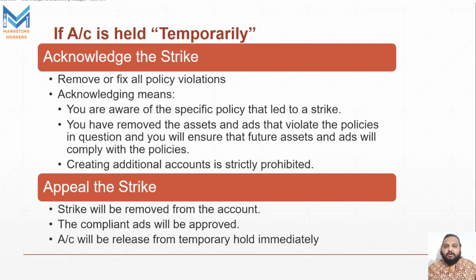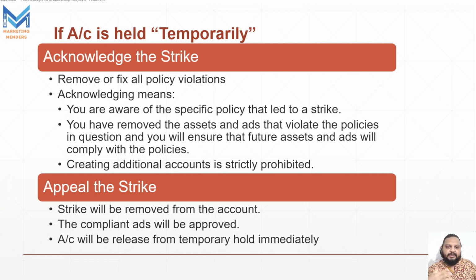In case of acknowledging the strike, although your account will be released and your ad will start showing, that strike, that warning, will still appear in your account. That will be part of the history of your account, and that impacts the overall advertiser score from the Google point of view.